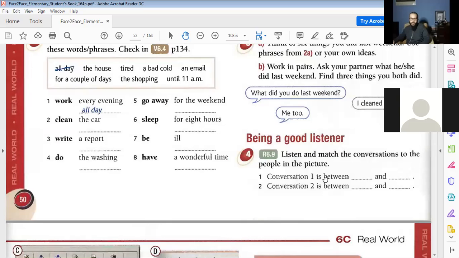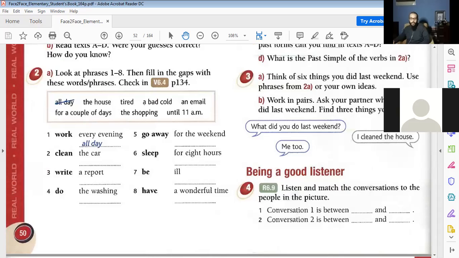So we have conversation 1 and we have conversation 2. So what I want you to do is tell me conversation number 1 is between who and who? Is it between Mick and Sarah? Is it between Henry and Jane? Do you get the idea? So you have to tell me the conversation is between who. Okay? All right. Are you ready to listen? Yes. Yeah, let's listen.